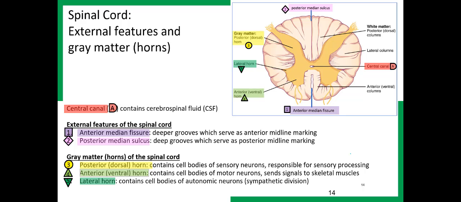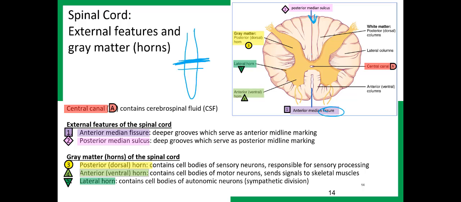When we look at a slice of the spinal cord, this is a section, right? We're just taking a section over here, and we're looking at it face down on a microscope. When we put it flat, we can see a sulcus and a fissure. Remember, a fissure is deeper and a sulcus is not as deep, right?